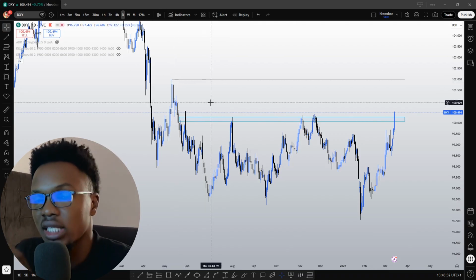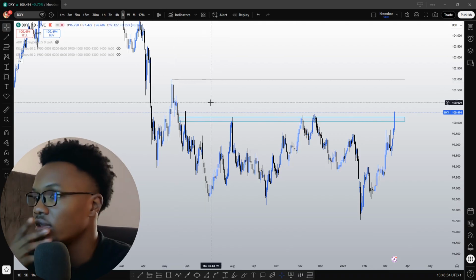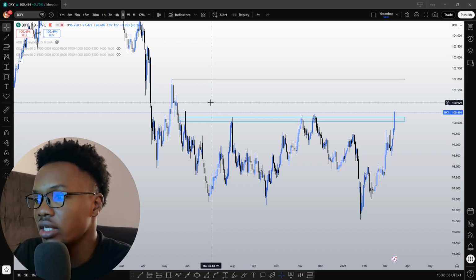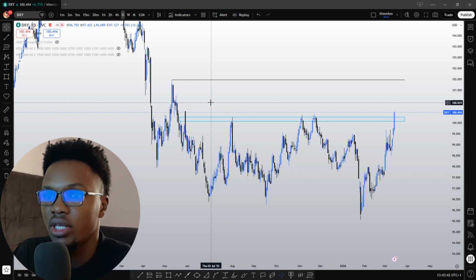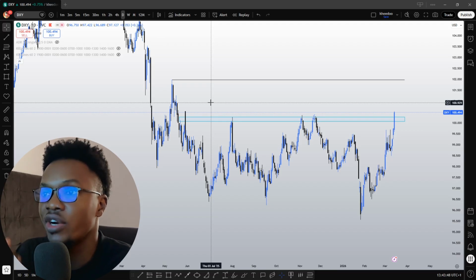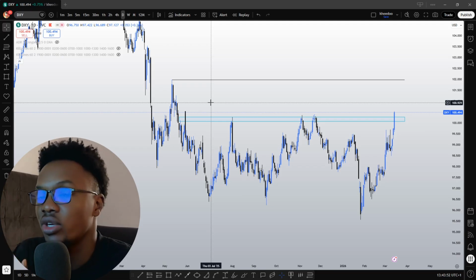Now, why is next week going to be nasty when it comes to price action and volatility? I'm expecting Monday to Wednesday to be crazy price action, because there might be manipulations. There is red folder news across the board from Monday to Wednesday. Wednesday is the interest rate decision for the dollar index.